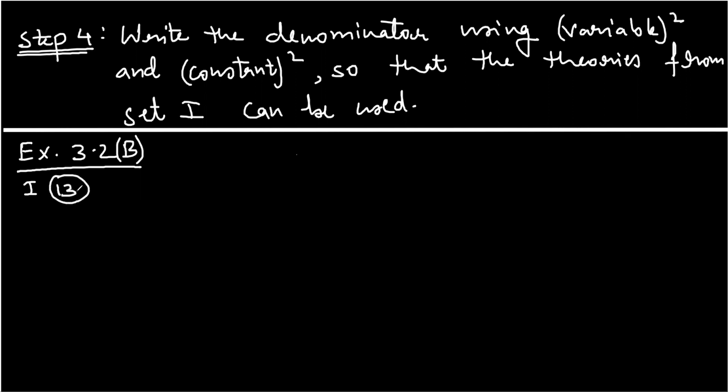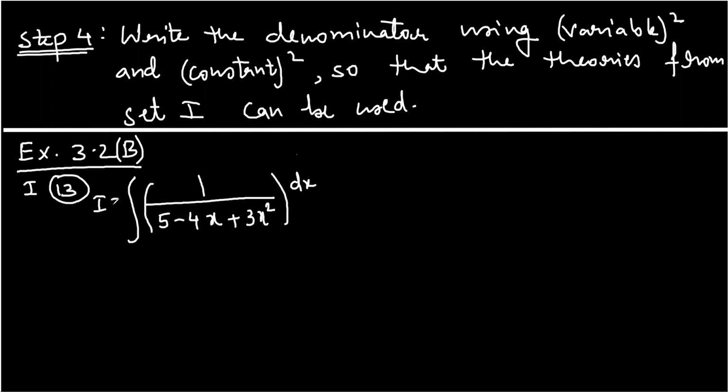These numbers hardly make any difference because you could be using whatever textbook you have from your specific board. What is important is the type of problem and the concept for solving those problems. You can have any textbook, any reference book, any notes, and take the questions from there and solve. So let's begin. I have to integrate 1 upon 5 minus 4x plus 3x square dx.